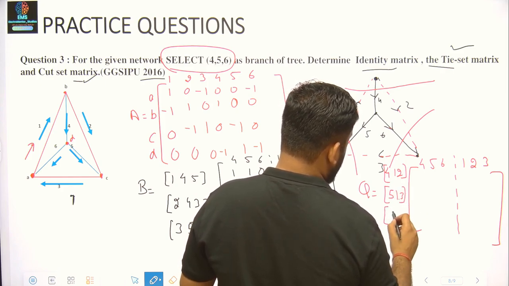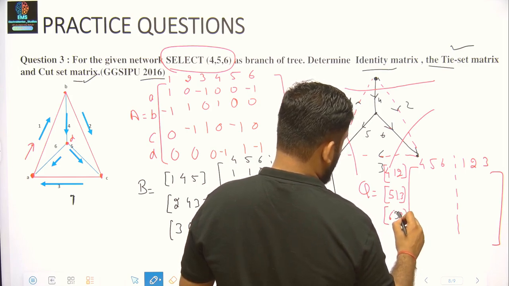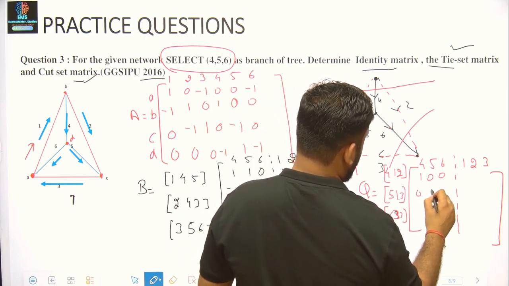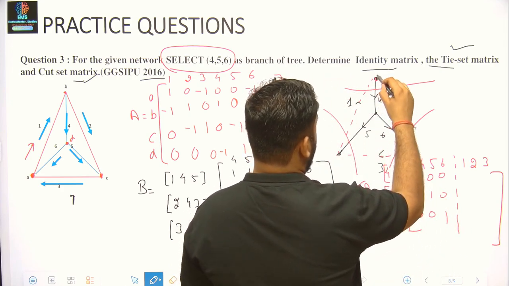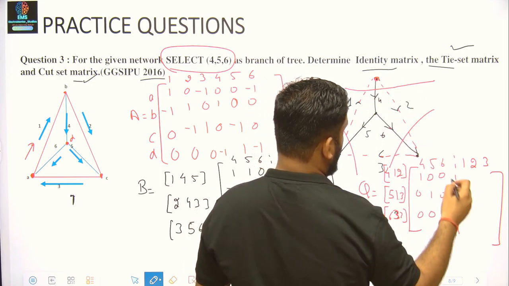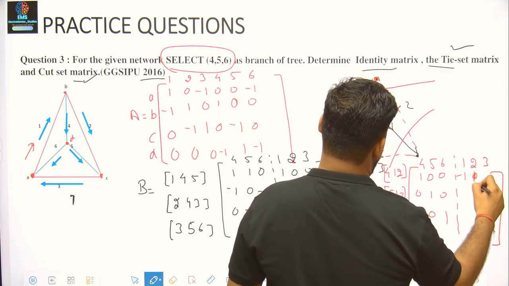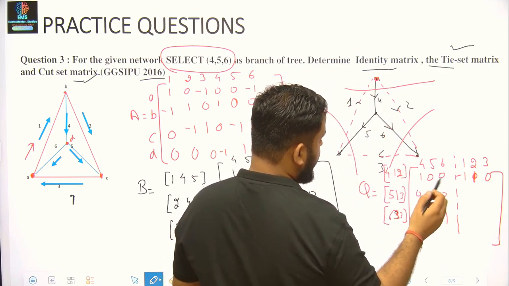Then it would be 6, 3, and 2. The direction of 4, 5, 6 will be unity. With the direction of 4 at this node, is it coming in or going out? 1 is in, 2 is out. So this is according to the direction of the twig we have used.